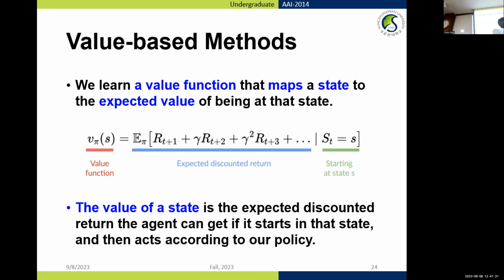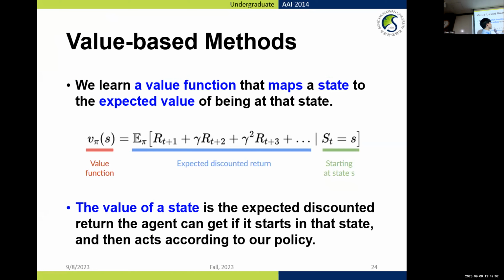Starting at the state S, at a particular time t, now the expected discounted return, the reward: we just put the return we defined previously, R t plus 1, gamma R t plus 2, continuing.